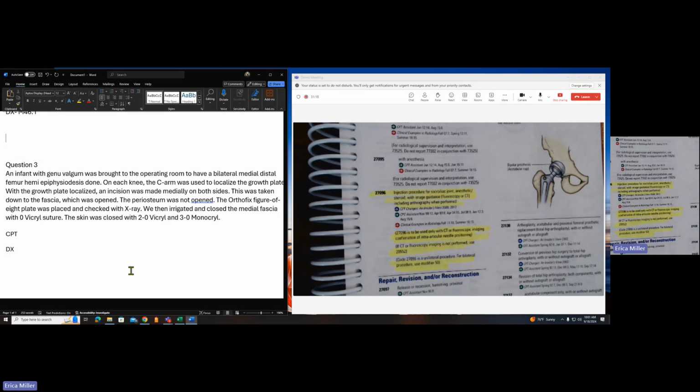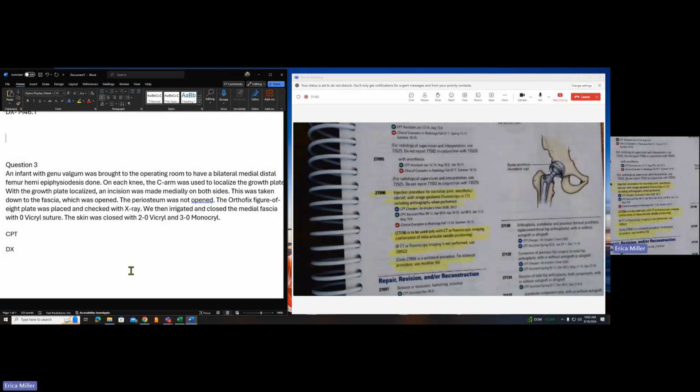This was taken down to the fascia, which was opened. The periosteum was not opened. The Orthofix figure of 8 plate was placed and checked with X-ray. We then irrigated and closed the medial fascia with 0 Vicryl suture. The skin was closed with 2-0 Vicryl and 3-0 Monocryl.